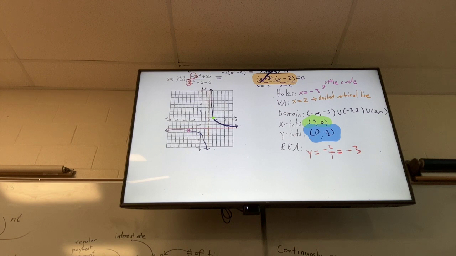What are the three cases? We would divide the lead coefficients if the degrees are the same. What's the degree at the bottom? 2.